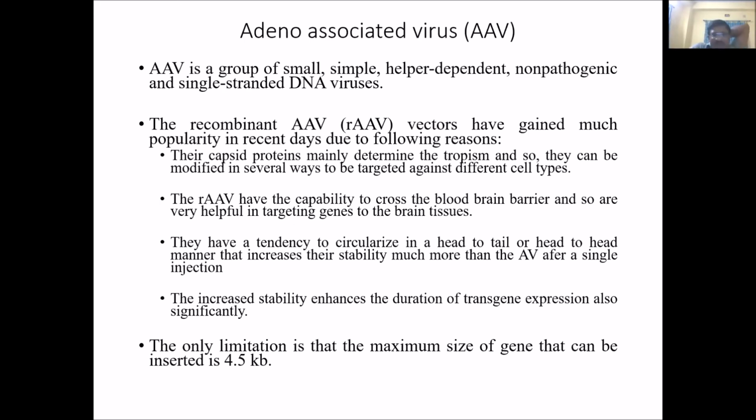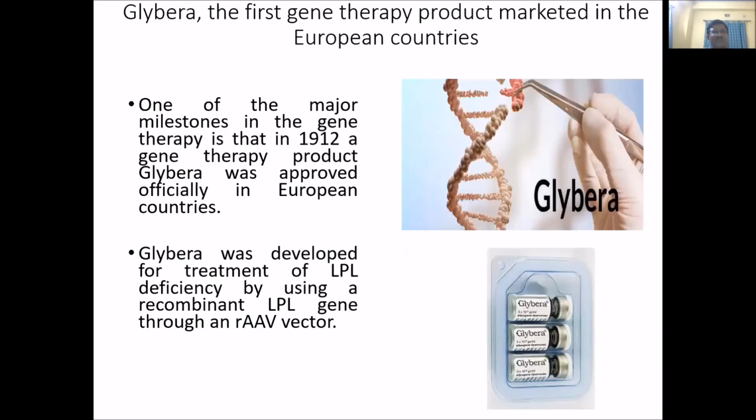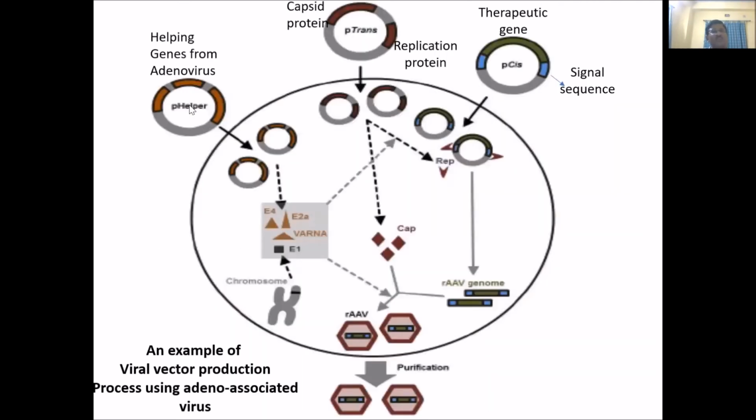The second one is the adeno-associated virus. This is also a type of DNA virus, basically a single-stranded DNA virus, and it needs a little bit of help from the adenovirus gene to be replicated properly.